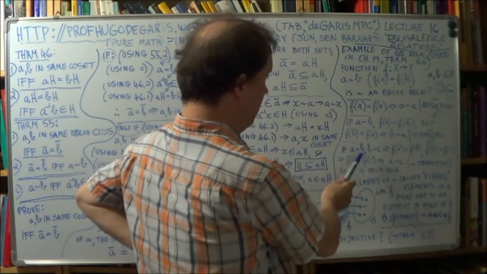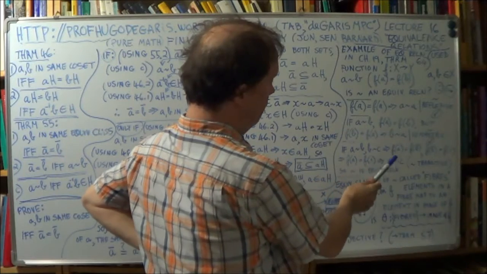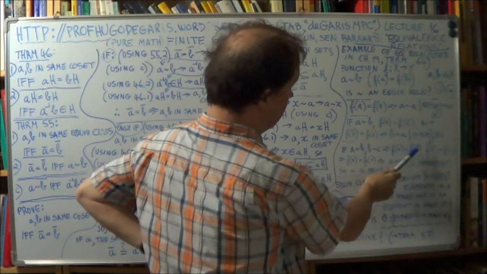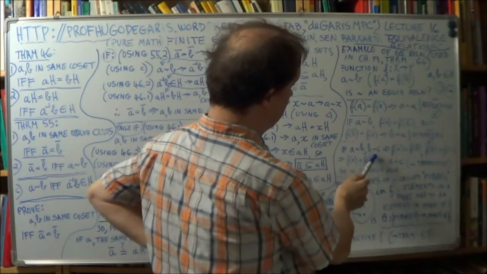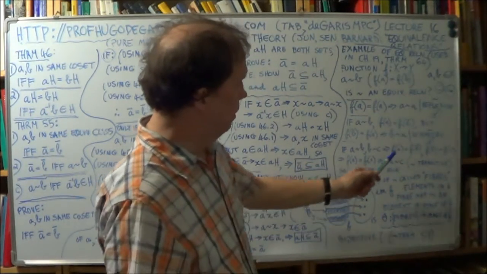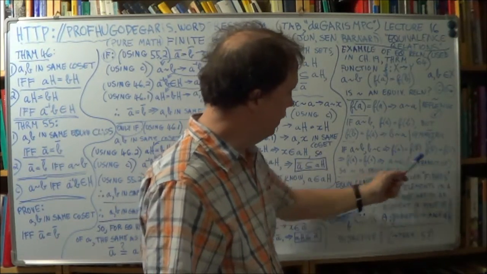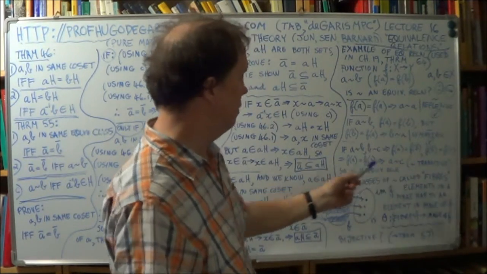Now if A is equivalent to B and B is equivalent to C, that means that f of A equals f of B, and from here f of B equals f of C, right? Well, if f of A equals f of B and f of B equals f of C, then f of A equals f of C, right? Sort of common sense.